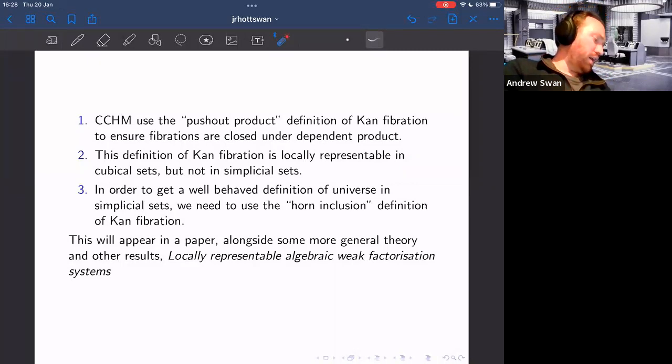We could use the horn inclusion definition of Kan fibration to get a well-behaved universe in simplicial sets. This is what Nicola Gambino and Simon Henry and those guys do, but it's still open, I think, whether you get a model of type theory that way. Hopefully this will appear in a paper soon. It's almost finished being written up. Thank you for your attention.